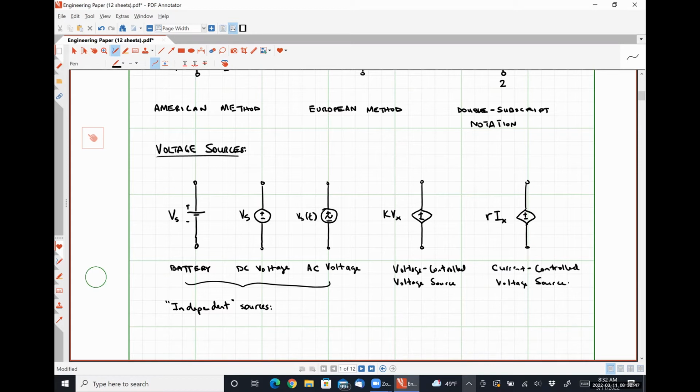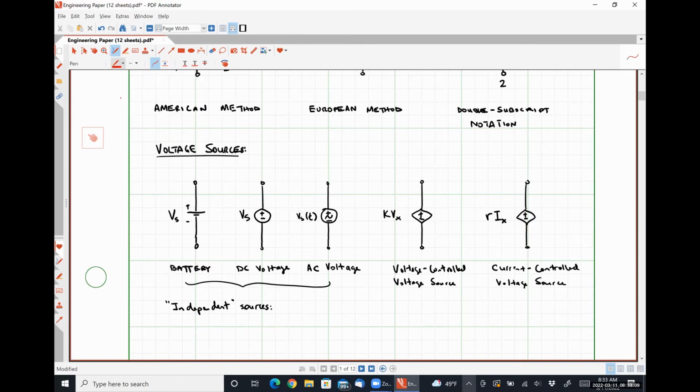So I want to be very, very clear about this. In a current controlled voltage source, despite the fact that there's a current I there, this thing outputs a voltage, okay? So let's talk about the units of these scaling factors here for these dependent sources real quick.